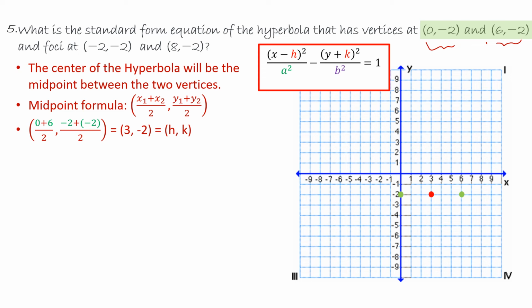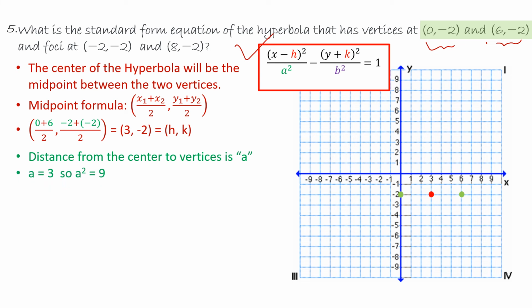So I have the center. It's obvious again that the hyperbola is horizontal. The transverse axis is horizontal. So we're going to use this equation where the x term has the positive sign and the y term has the negative sign. The distance from the center to the vertex is a.